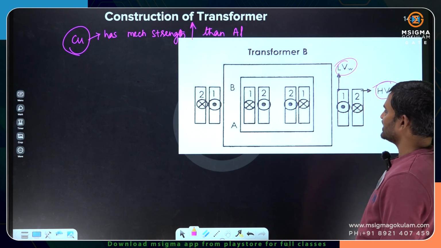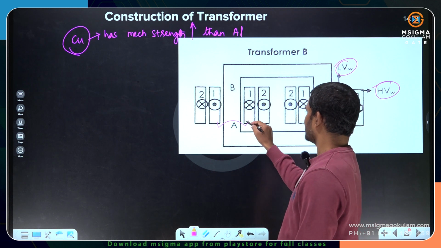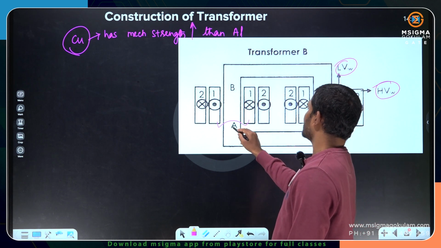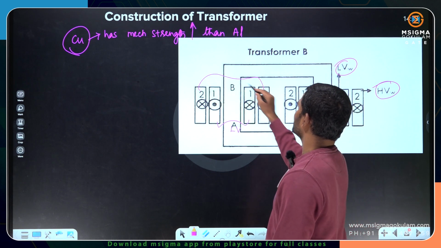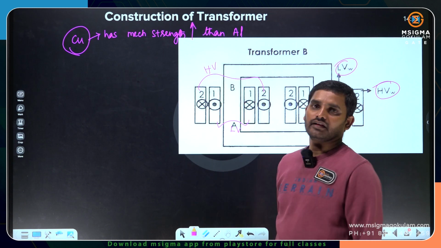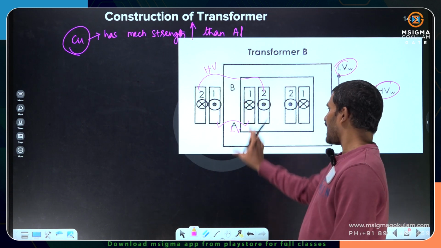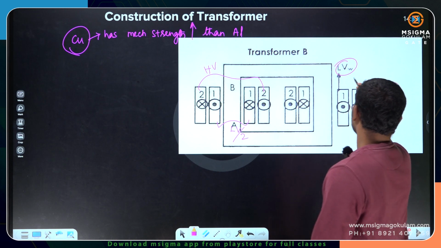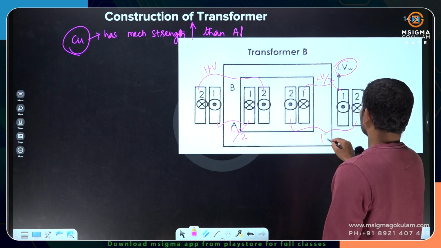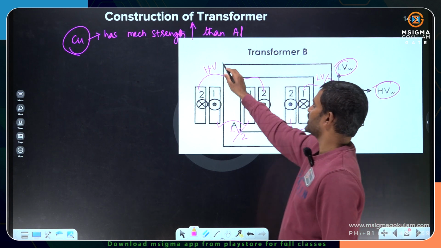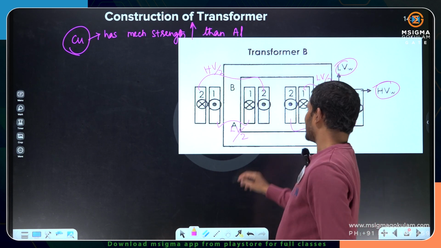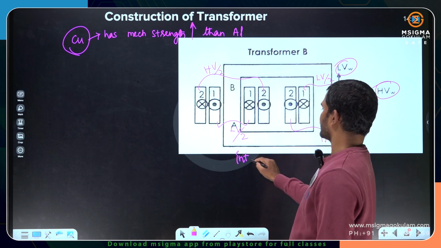This one is LV and this is HV. That means half LV here, half LV here, half HV here and half HV here. We call this winding an interleaved winding.